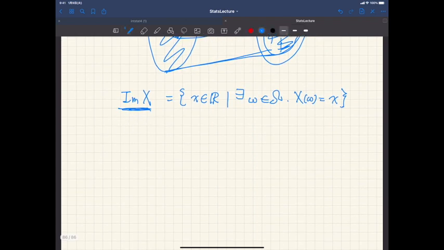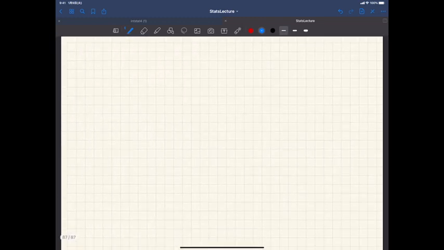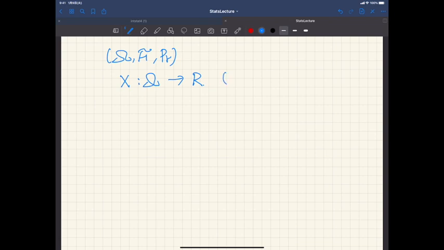Now let's say we have a probability space and we have a random variable to some set. This may not be the entire real numbers. For the moment, we consider a discrete random variable.